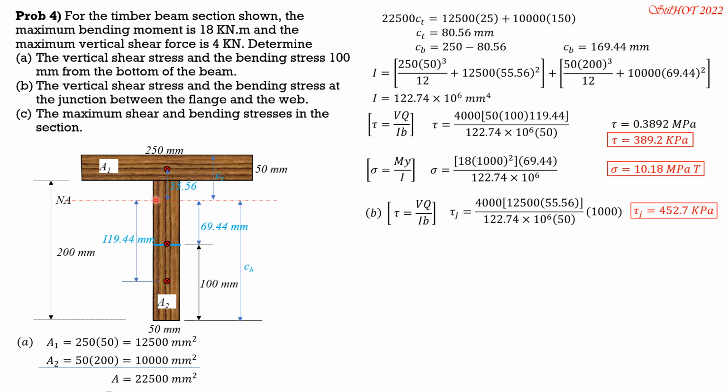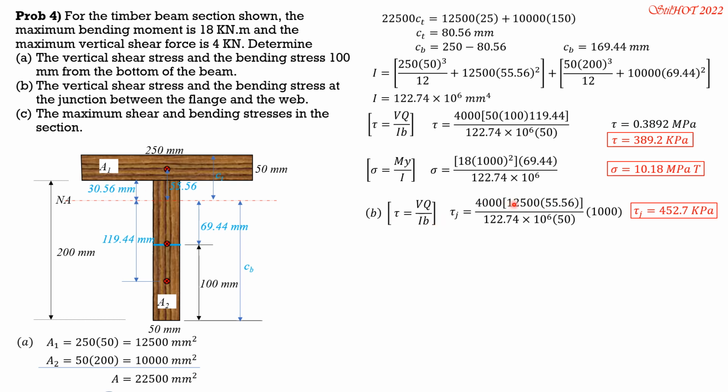So again, the alternate Q is 50 by 169.44 times 169.44 divided by 2. Then you have to subtract the moment of this area to the neutral axis, which is 50 times this distance, 80.56 minus 50, so 30.56, times 30.56 over 2.